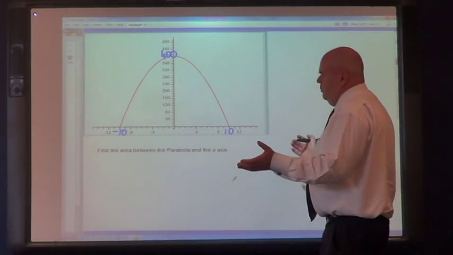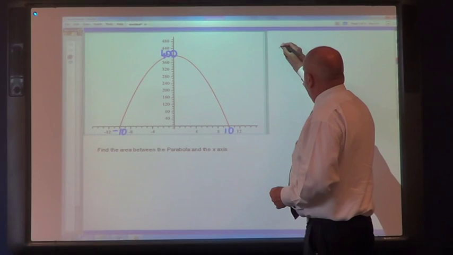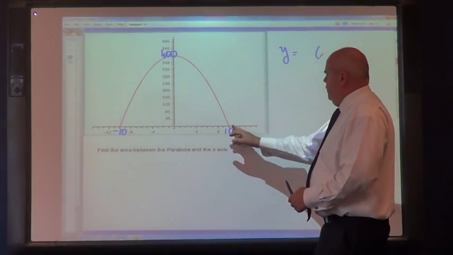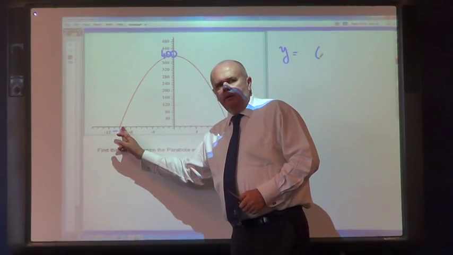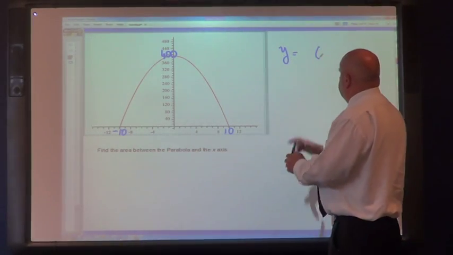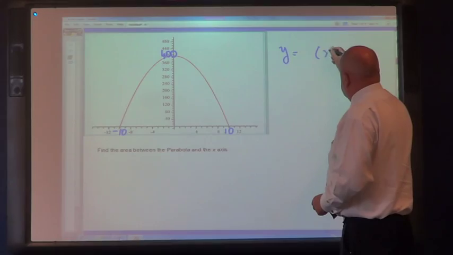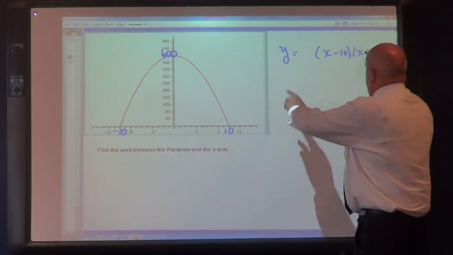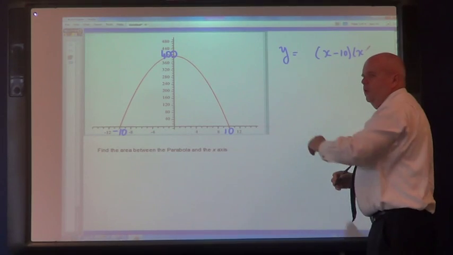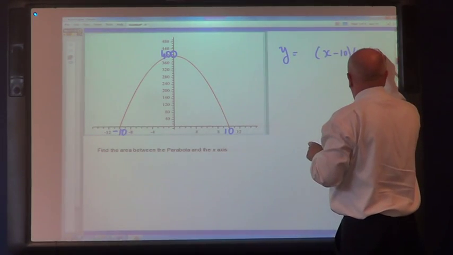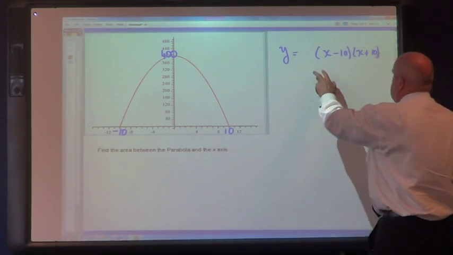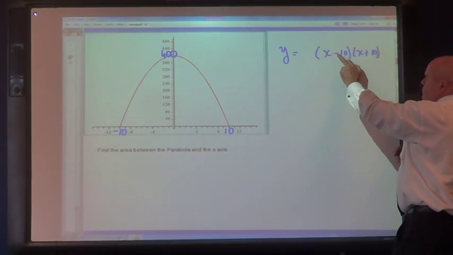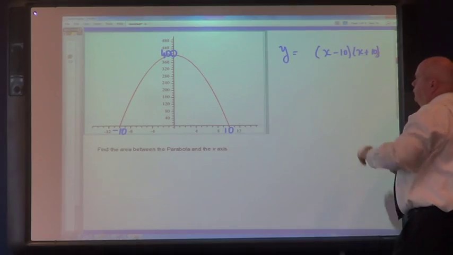Now there's a couple of things we can note about it. The first is that it's got x-intercepts of 10 and negative 10. That means if I was to expand it out, it would look like this. Certainly, if I was to let y equal 0, which is what you do to find x-intercepts, and solve here, I'll get my x-intercepts of negative 10 and 10.